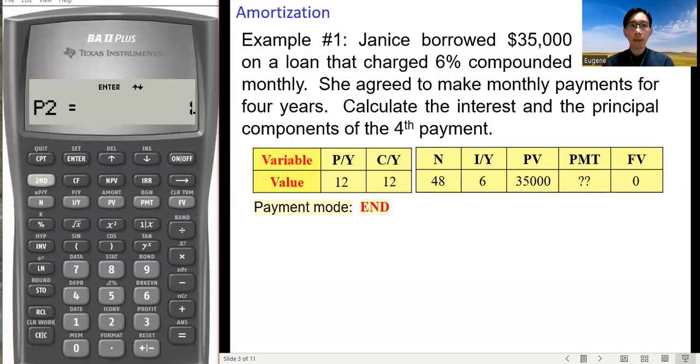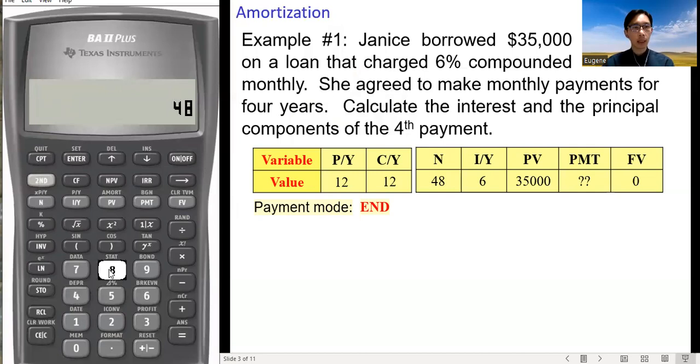Let's compute the payment amount in the calculator. Activate the frequency worksheet. Enter 12 for PY. And then CY equals 12 as well. And then move on to the TVM worksheet.